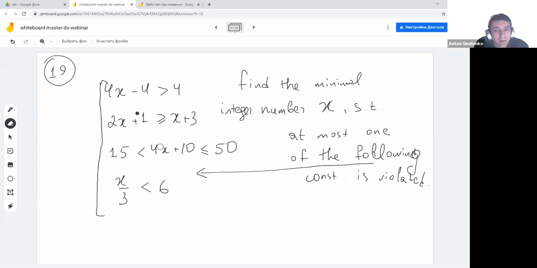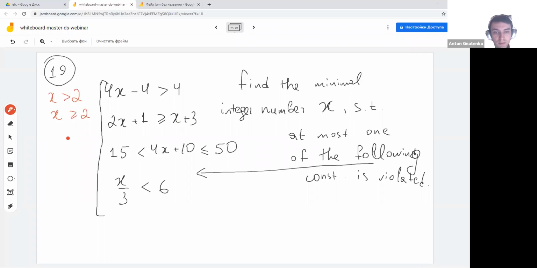Anyway, let me rewrite these constraints in some simpler form. We have 4x minus 4 greater than 4, which is just x is greater than 2. We have here x is greater or equal than 2. Yeah, I move 1 here and over the sign of inequality.